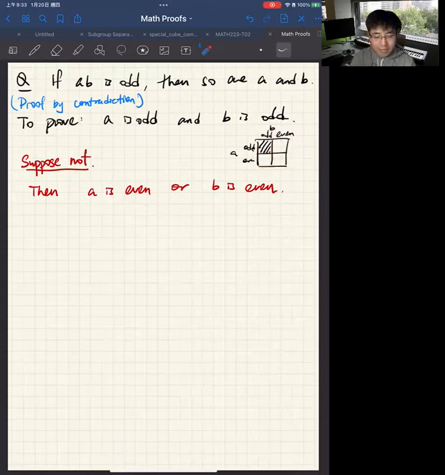If you say A is even and B is even, then it's just this grid, which is not true. It's not a negation of the above statement. Okay. So now you have A is even or B is even. But you can imagine if A is even, we continue our proof, and if we then do the same thing for B is even, it's going to be the same.